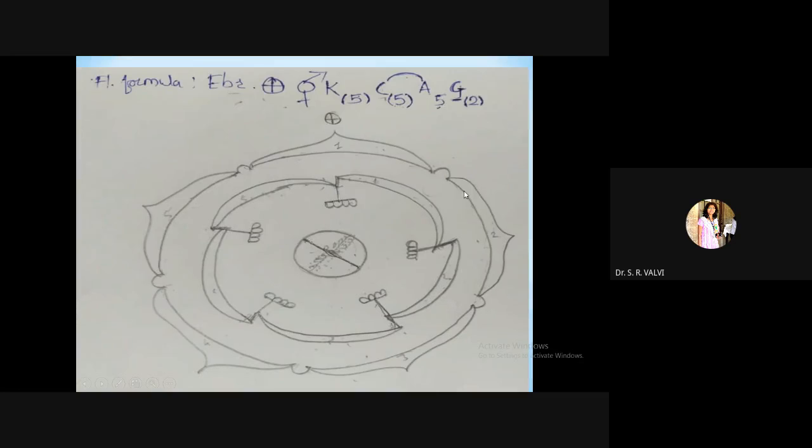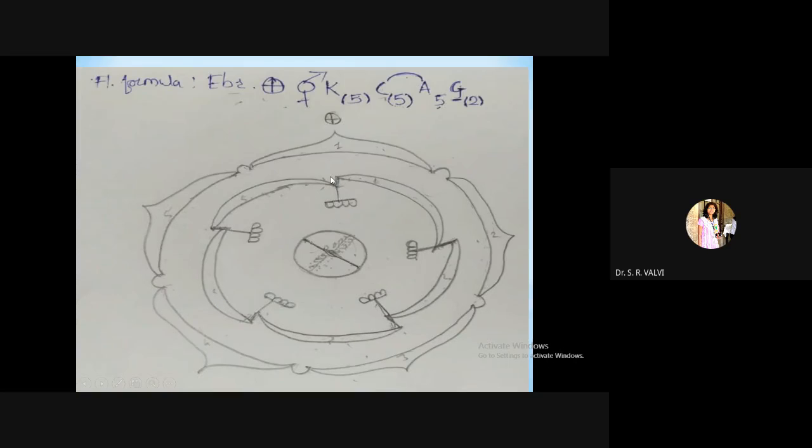Again, in the junction of these two you have to make another petal. But in the preparation of the petals you have to remember aestivation. So the petal gives you which aestivation? Twisted.